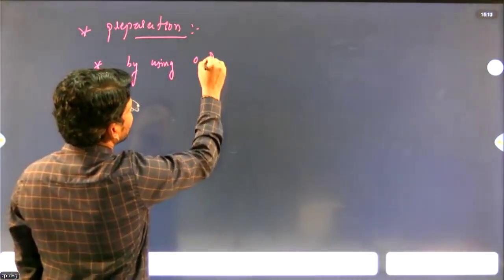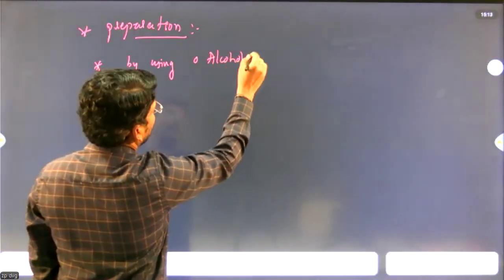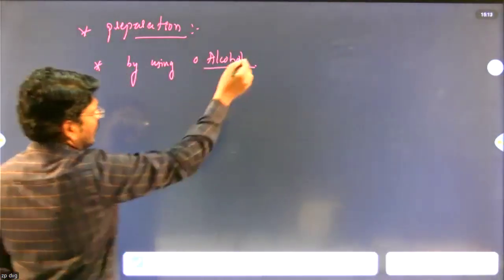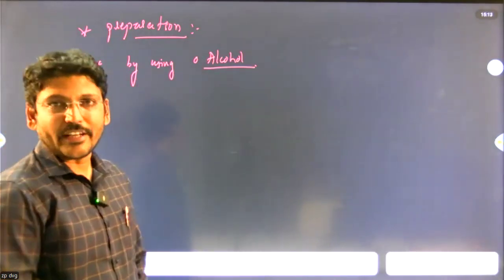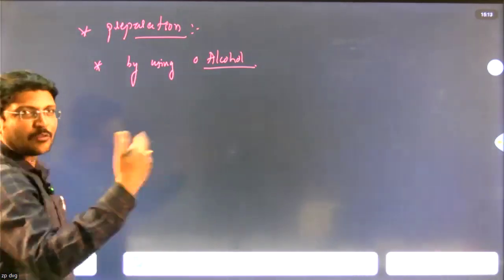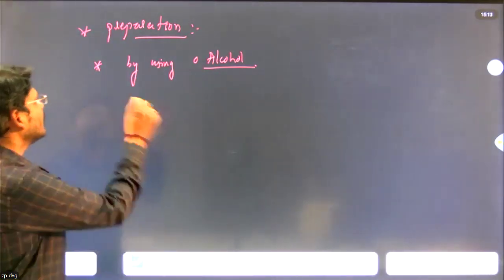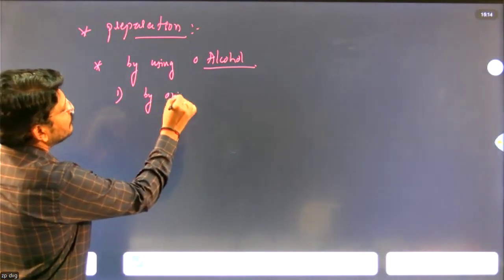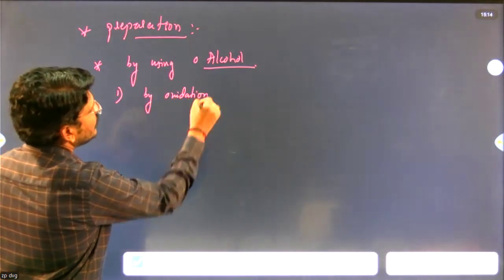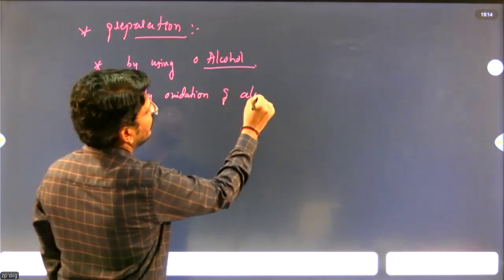So how can we prepare aldehydes as well as ketones by using an alcohol? Generally, you already discussed this in alcohols, phenols and carboxylic acids. The first one is by oxidation of alcohol.